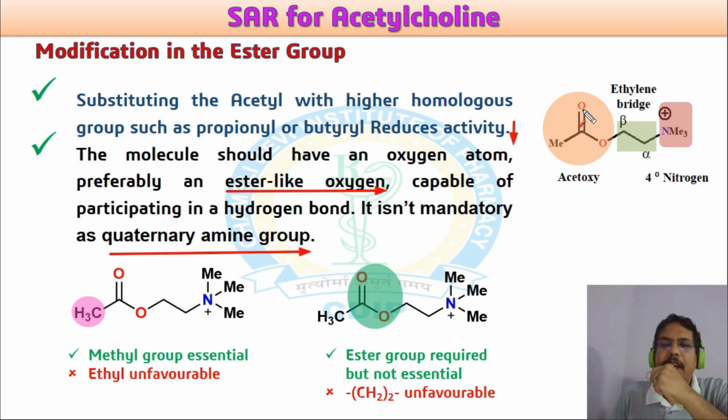Here we can change this carboxylate to a keto, meaning this O can be changed to CH2 and this portion remains intact, or we can remove the carbonyl portion and keep H on this oxygen. In those conditions the activities are retained or subside up to a certain extent.